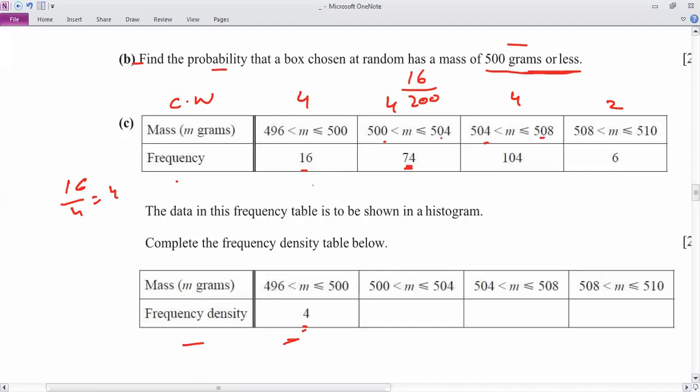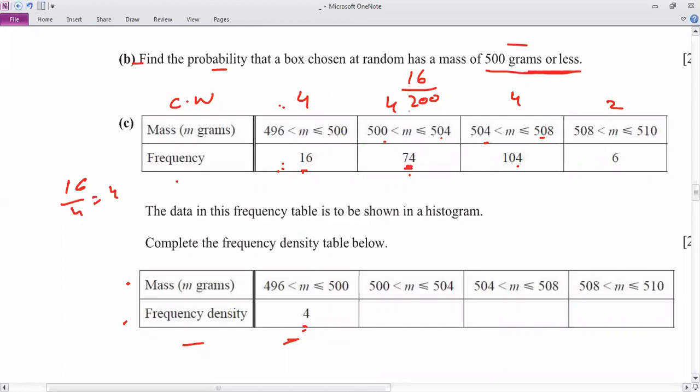So if you compare it with this one, the frequency, it means they are the same thing, because the same frequency density was for this one, the same frequency density is for this one too. Yes, the frequency density is coming exactly the same, because this was 16. So in this case also, you just have to use the formula, nothing extra work you have to do here.